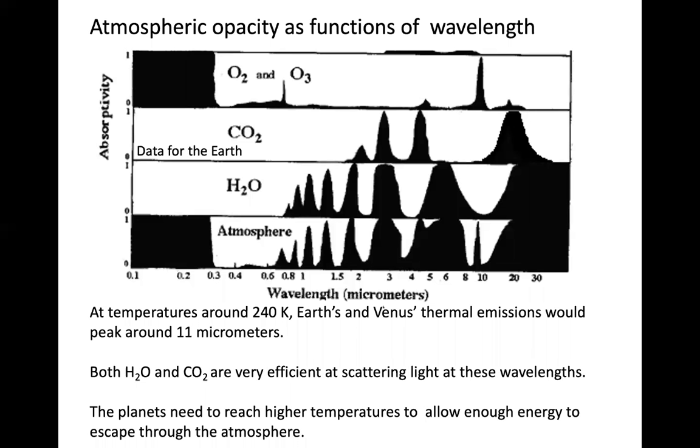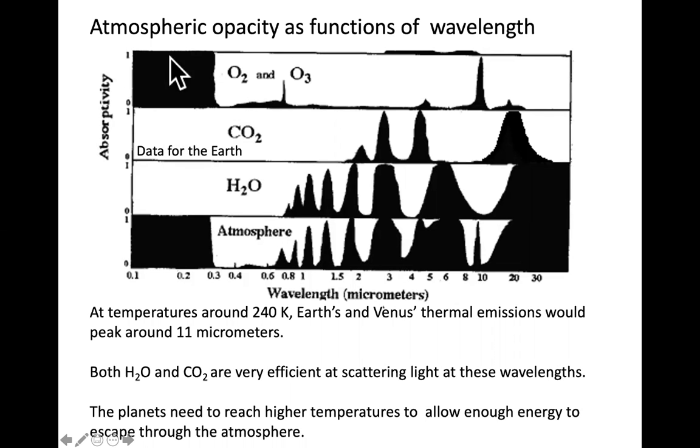So here's another way to look at that. These are plots showing how well different molecules in the atmosphere absorb light. Here's oxygen and ozone, here's carbon dioxide, here's water. Now, the atoms that are most prevalent in our atmosphere, which are nitrogen, argon, and oxygen, interact with light not very well at all.